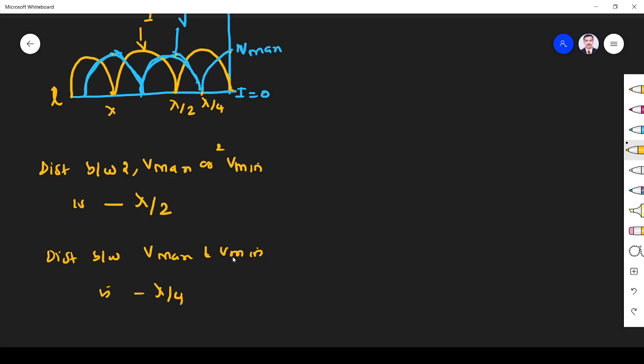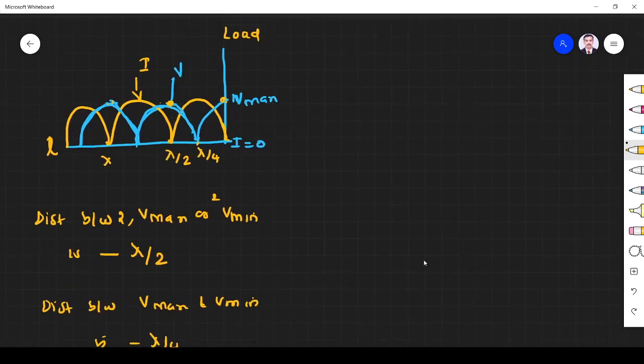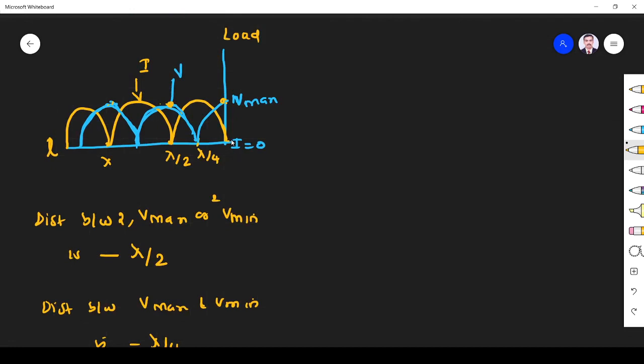So the distance between maxima and minima is lambda by 4. Here you see voltage maxima, this is voltage maxima, so the distance is lambda by 2. You see current minimum here and another current minimum here, so lambda by 2.